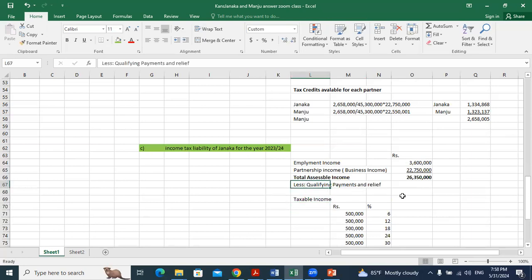Yes, 1.2 relief. Qualifying payments and relief. That is 1.2. Very good. This is for an individual. Therefore, this could be deducted. If there were qualifying payment, we would have taken that also into account. In this situation, no qualifying payment.